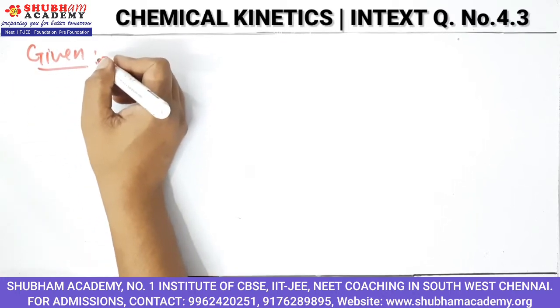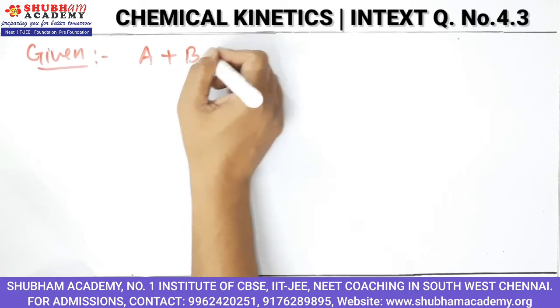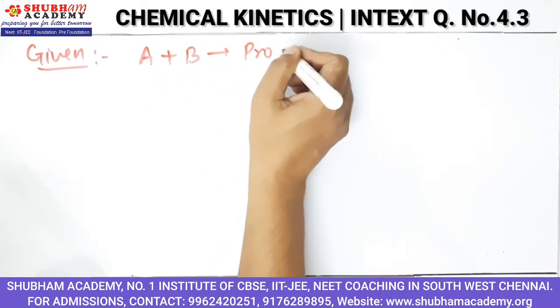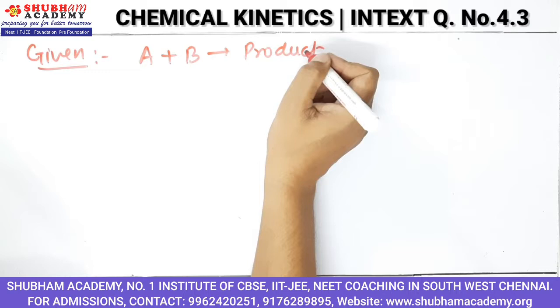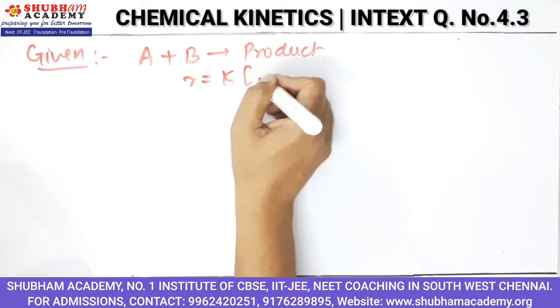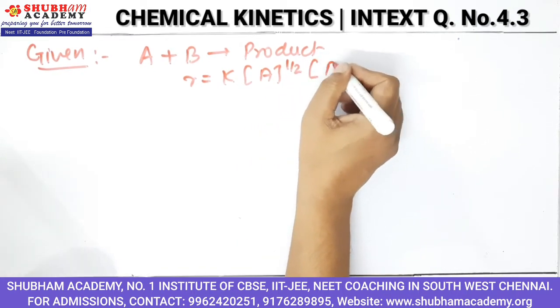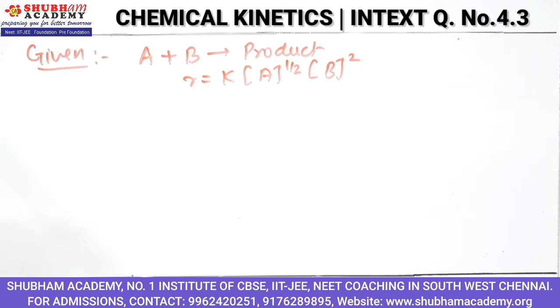The given part in the question is: you are given the reaction A plus B gives product, and the rate is equal to K into concentration of A power half and B power 2, right?